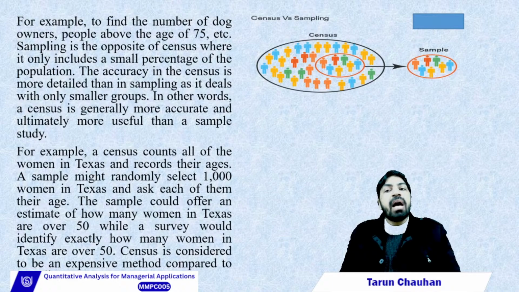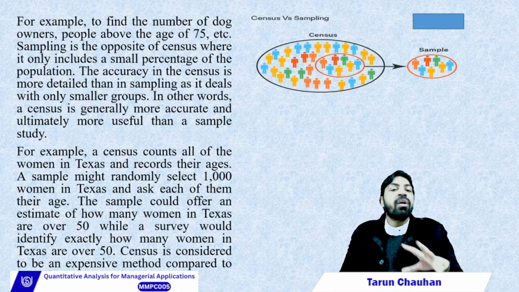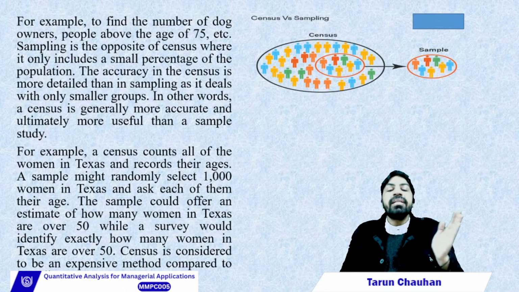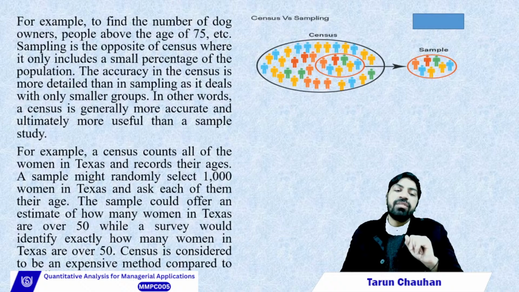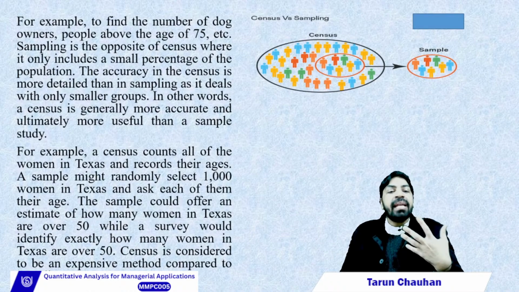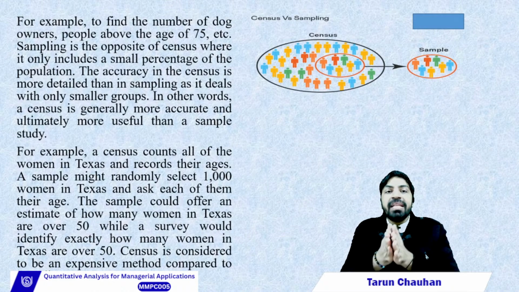This is a perfect example of the census method. But when we talk about samples, we can look at another example. A census counts all the women in Texas and records their ages. But a sample randomly selects 1,000 women in Texas and asks each of them about their age. So this is a basic difference.